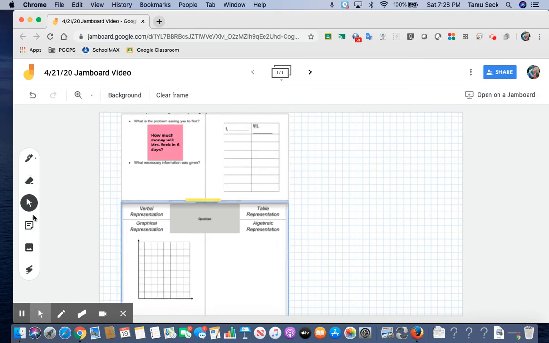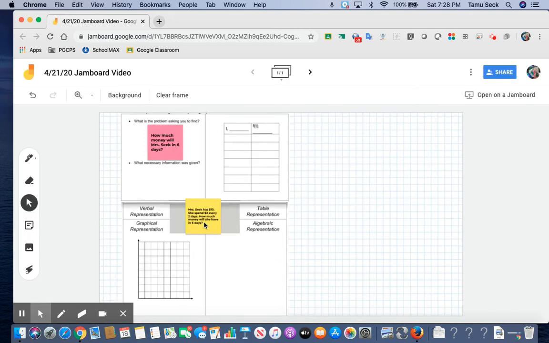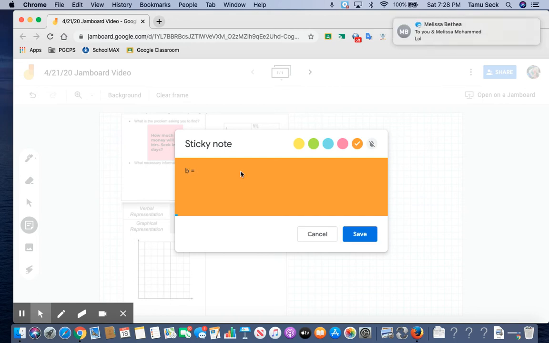So the necessary information, so I'm going to add another sticky note. I'm going to make it orange this time. The necessary information that was given is that I began with how much money? I began with $10 and then I spent $3 every 2 days. So the necessary information that's given is I began with $10 and I spent $3 every 2 days.